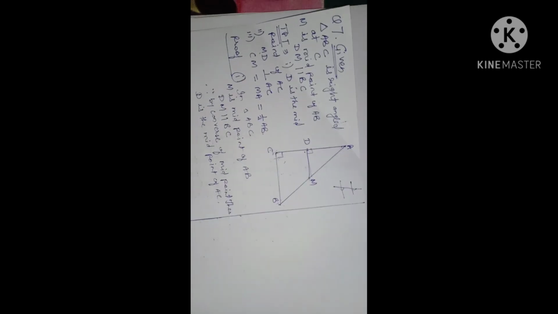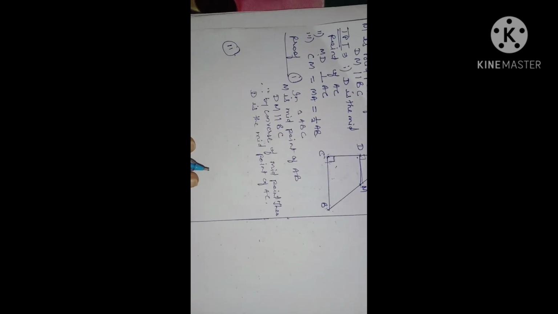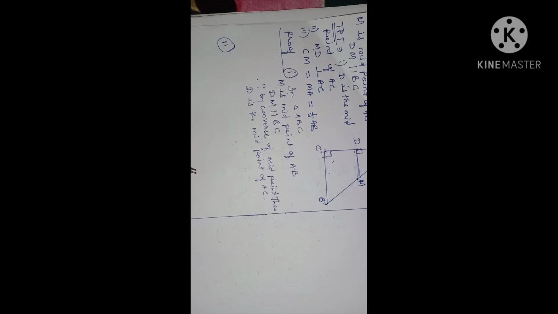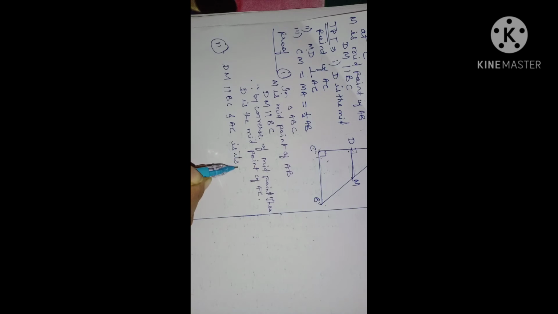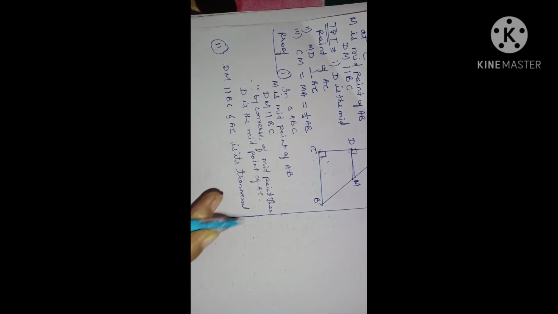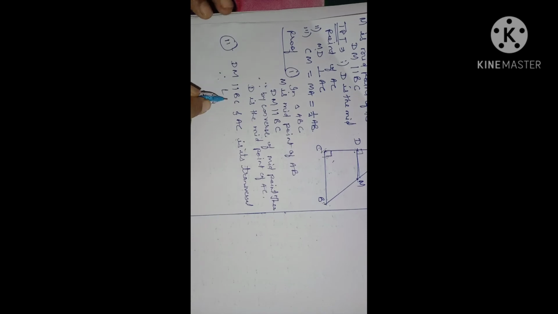Let's prove it. What will you write? You will write, we are going to prove that both the angles are equal because they are corresponding angles. So DM parallel to BC and AC is its transversal. Therefore we can write angle ADM is equal to angle ACB.